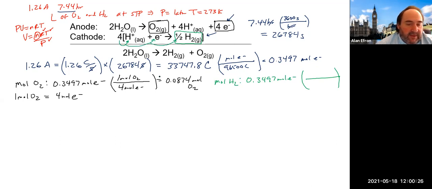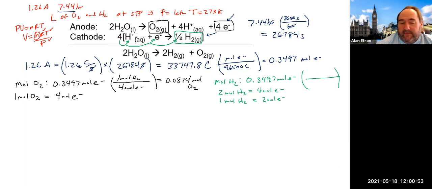And if you distribute that 4 all the way across that half reaction, you end up with 2 moles of H2 gives you 4 moles of electrons. Or, that's the same as 1 mole of H2 gives you 2 moles of electrons. You could use either one. Obviously, they both come out the same. Any questions on that one?